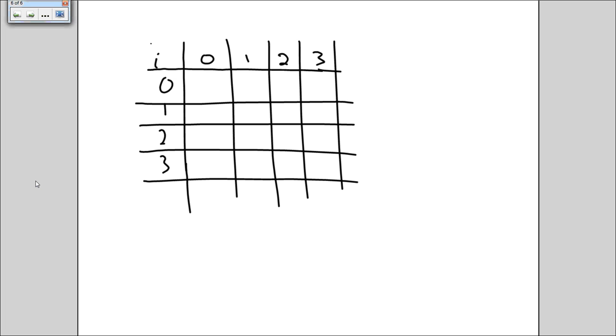So we have i's and we have j's. I's are these numbers, and the j's are those numbers.